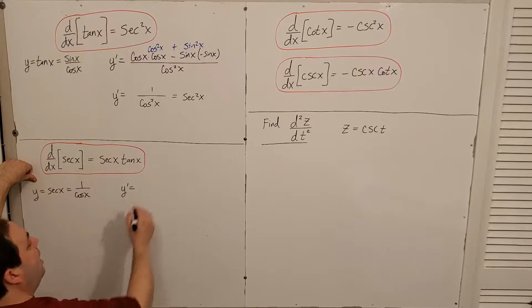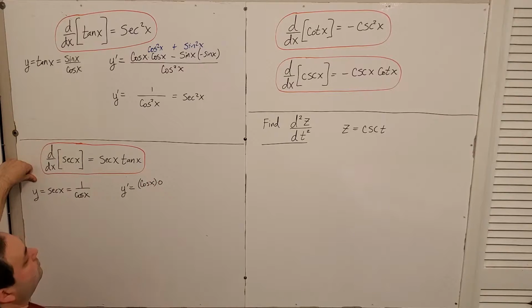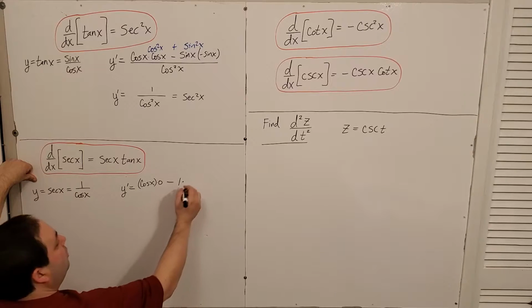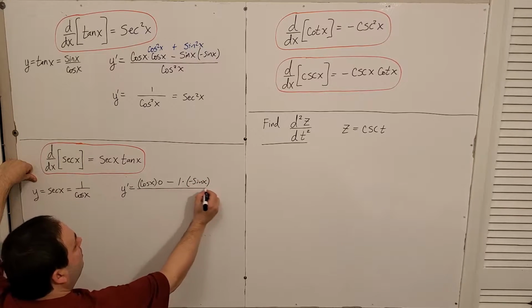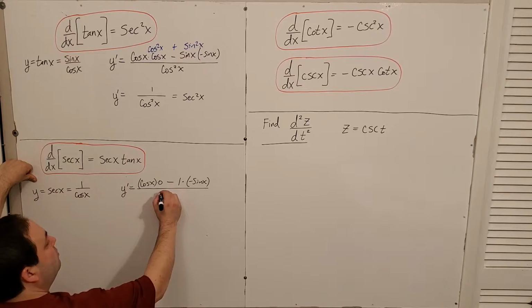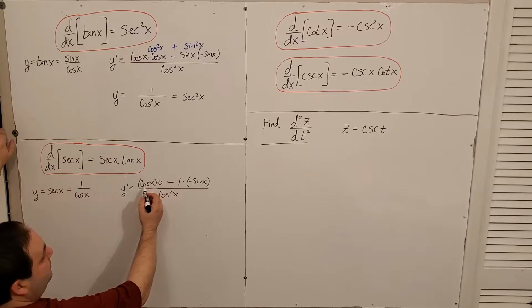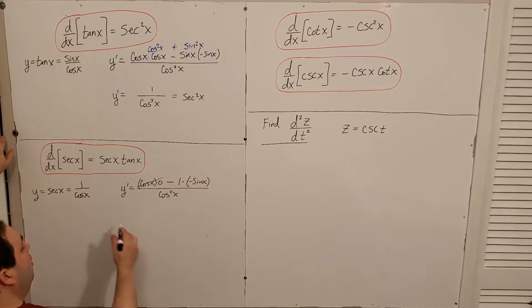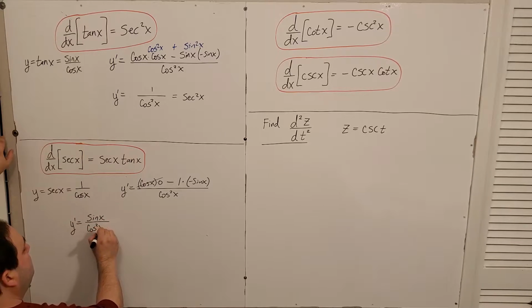So low d high, cosine x times 0, minus high, which is 1, d low, which is negative sine, all over square of what's below, so that's cosine squared. Again, notice in the top, this piece is times 0, it's gone. Double negative is a positive. What I'm left with is y prime is equal to sine x over cosine squared x.